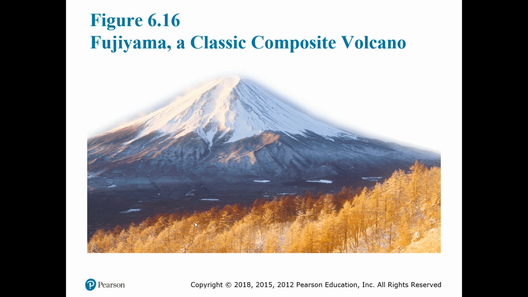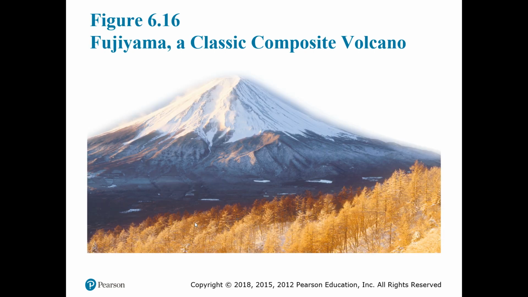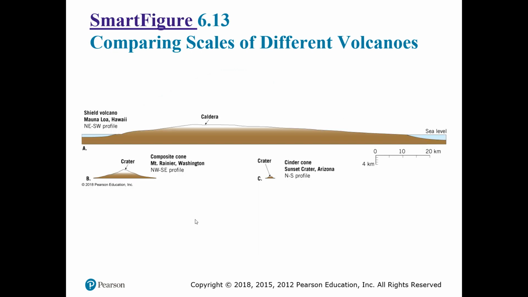Here's our classic composite volcano, beautiful volcano. But when you put the three profiles next to each other, it's very interesting to see the difference in scale. Going back here for a second, our composite volcano looks like a very large volcano, and it is, but it really just pales in comparison with the size of the shield volcano that makes up Mauna Loa, Hawaii.